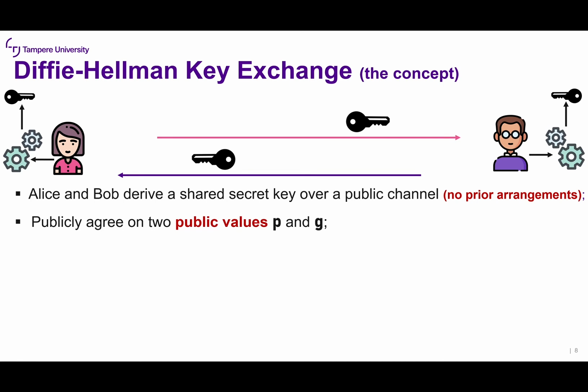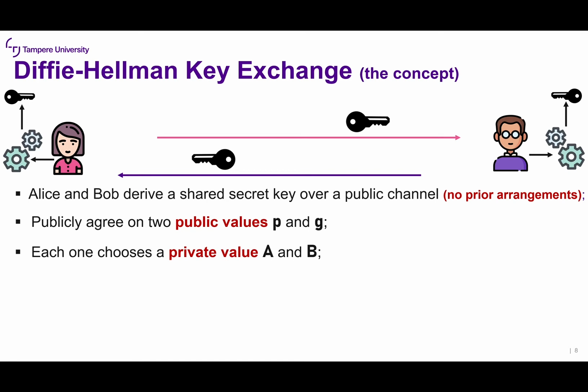So they publicly agree on two public values, P and G, okay, which means that they communicate in the beginning. Eve, who is in the middle and can listen to all the communication between two friends, can see the two public values P and G on which Alice and Bob agree, and then each one locally and independently chooses a private value.